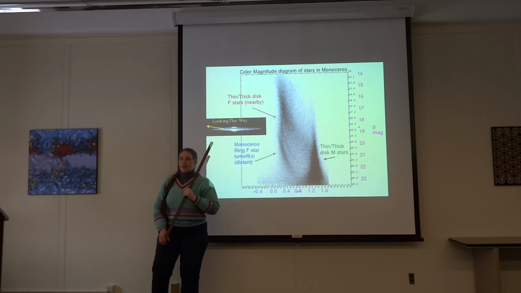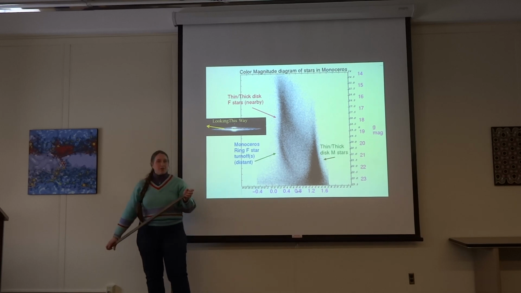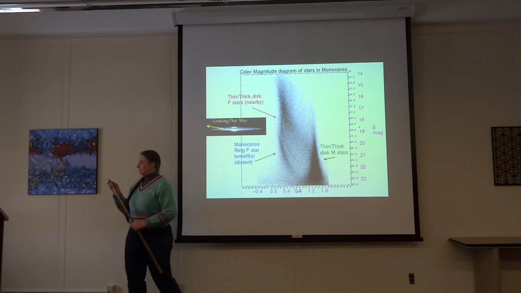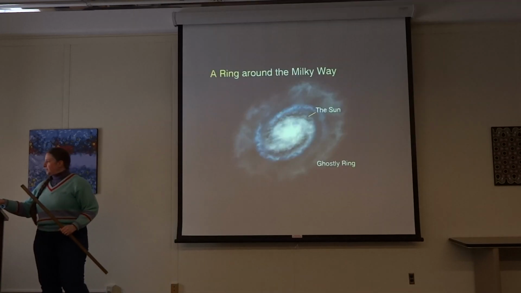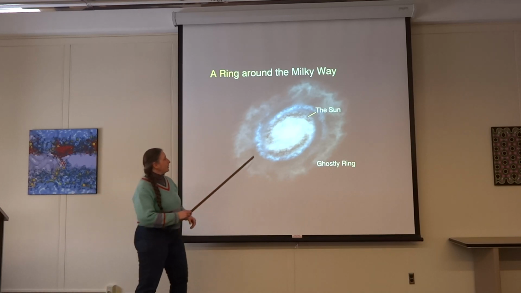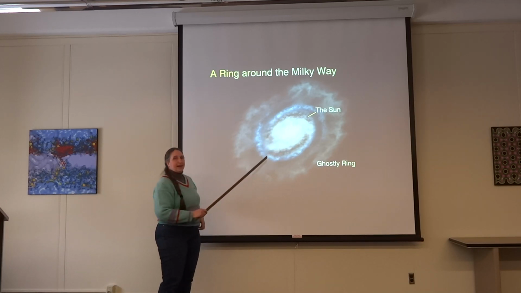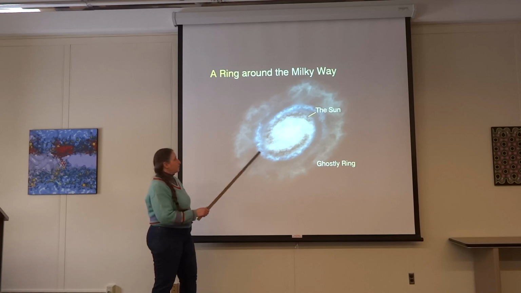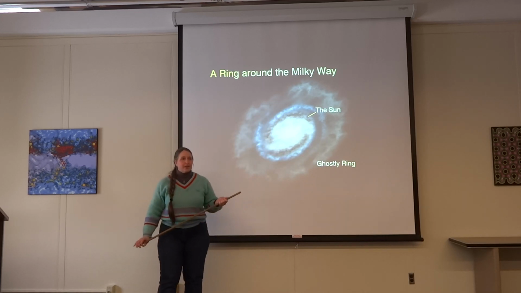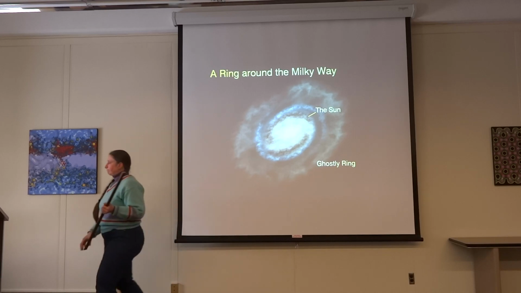And so we thought that we found a ring of stars around the Milky Way, and it's come to be known as the Monoceros ring. And here is a picture that is an artist's conception of what that ring might look like: you have a spiral galaxy, the disk of the galaxy has these spiral arms, and then around that there's this ring of stars that we didn't know how that got there.